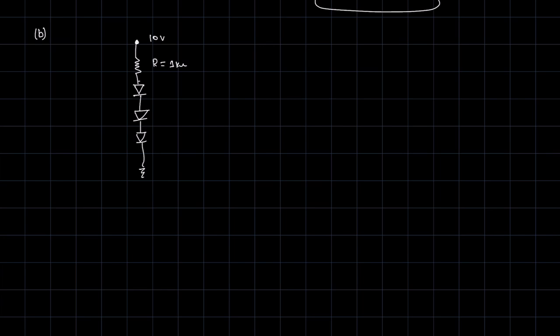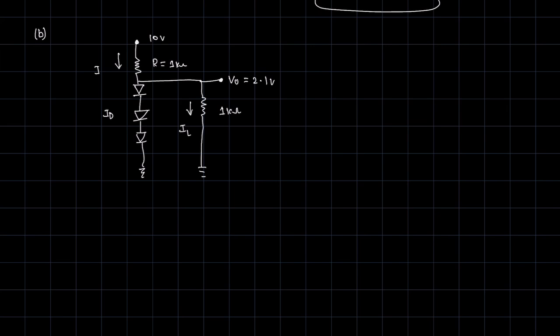The circuit looks somewhat like this. We are expecting our voltage at 2.1 volts, but in this case we are adding one more load resistance. Earlier in part A we had not added any load.